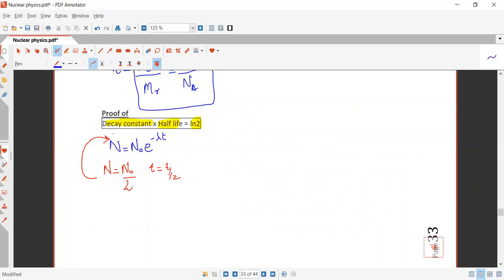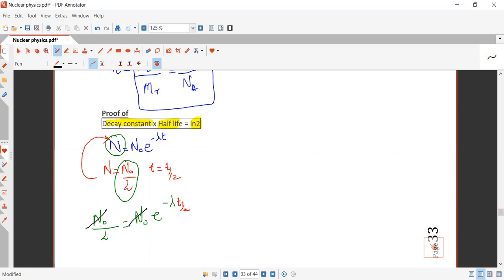So let me put this value here. In place of N, I'm going to write N naught by 2, and that equals N naught times e to the power minus lambda. And in place of t, I'm going to write t half because it's a specific time, the half-life.